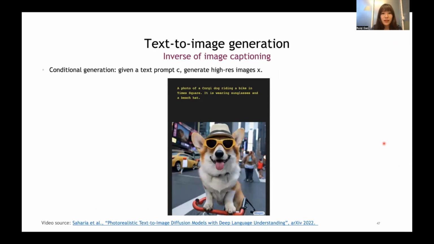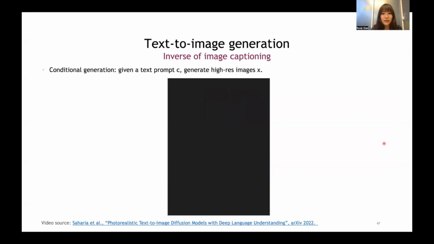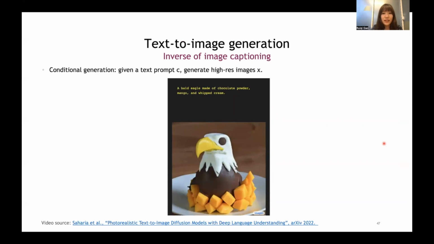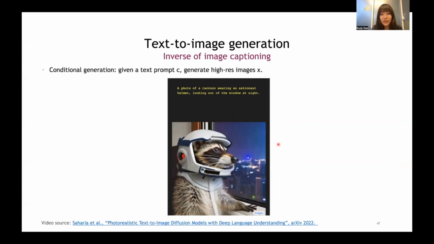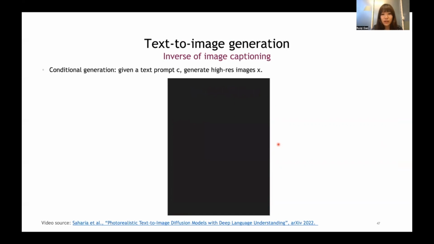Basically, this task is an inverse of the image captioning task, where we are given a text prompt C and we are trying to generate high resolution images X, as shown in this video. This video shows the generated images by a text-to-image generation model called Imagen, as we will show later.